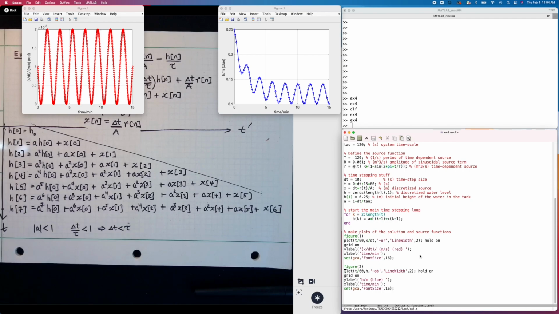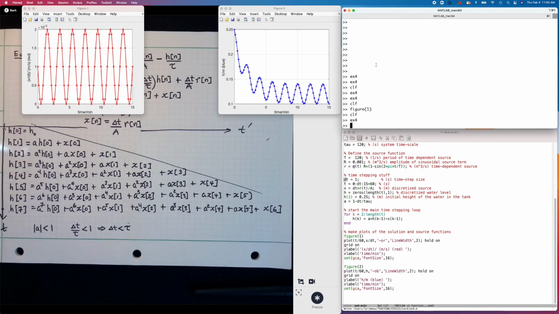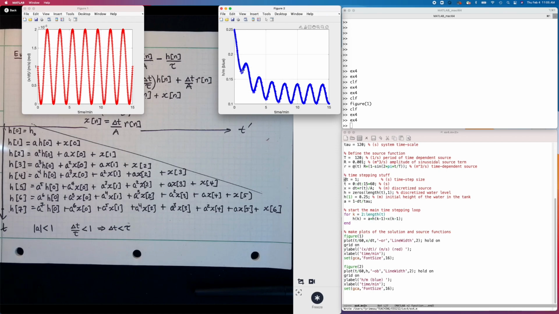I'll do that so that I can plot the solutions for different time steps on the same graph. Alright, so that's the solution using a time step of 10 seconds. Then I'll make the more accurate one with a time step of 1 second. So now there's slightly different minimums, but eventually it seems to settle into roughly the same solution.